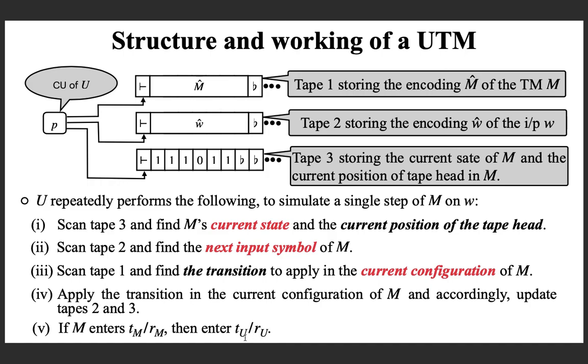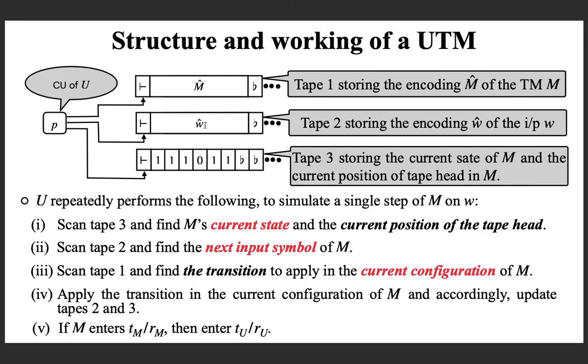Note that these are sink states. Once the machine gets into one, it will remain in that state forever. So these are the sequence of 5 steps that the Universal Turing Machine performs to simulate a single step of the input Turing machine M on the input string W.